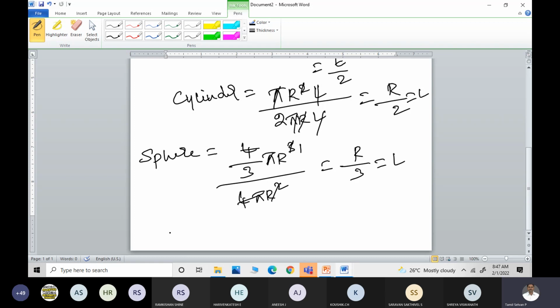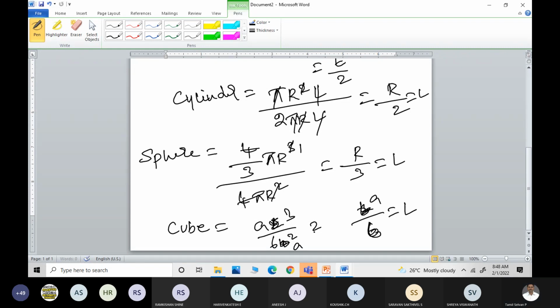And for a cube, what is a cube? It will have the same dimensions on all 6 surfaces. Am I correct? Yes, sir. So it is L cubed divided by 6 L squared. If you assume that L or A is the side of the cube, then A by 6 equals L. Is it fine?